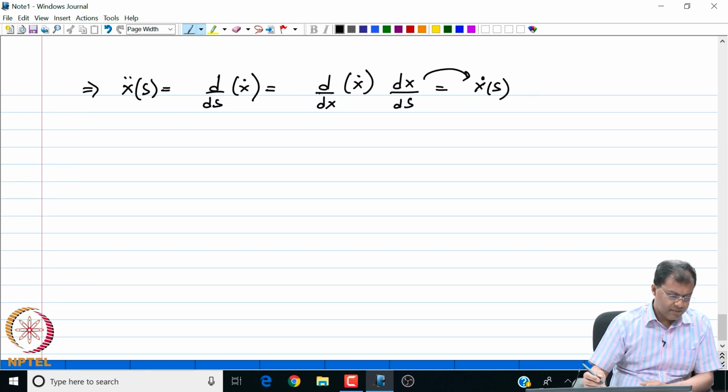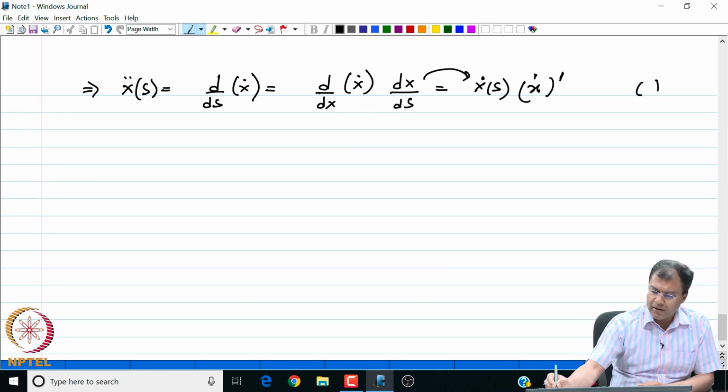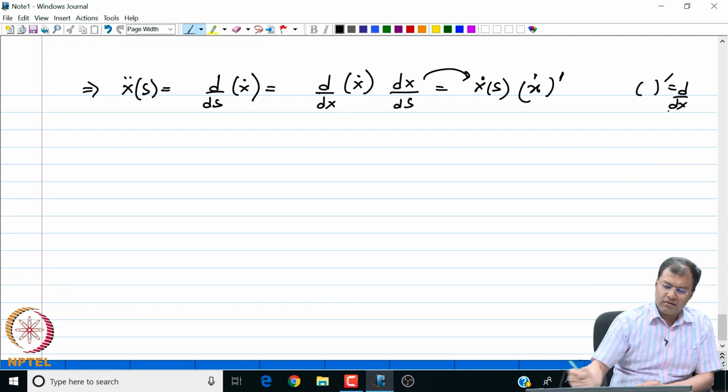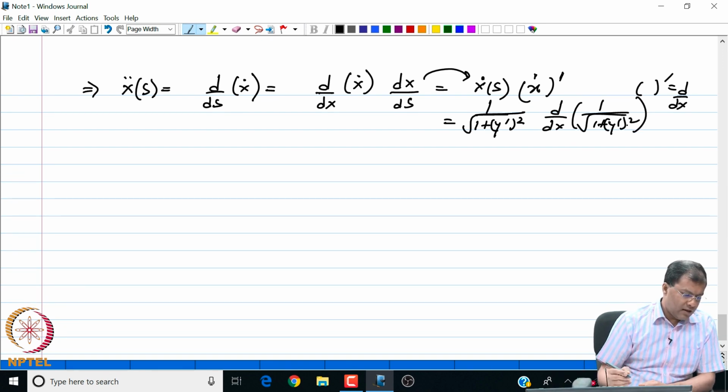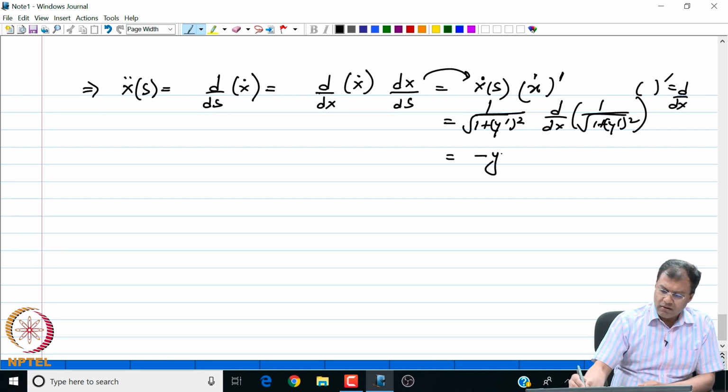I get x dot prime, where the prime denotes the derivative with respect to x. So this is also equal to x dot, which is 1 plus y prime square under the root, and the second factor is the derivative of this quantity. After simplification, I get that this is equal to minus y prime y double prime divided by (1 plus y prime square) whole square.